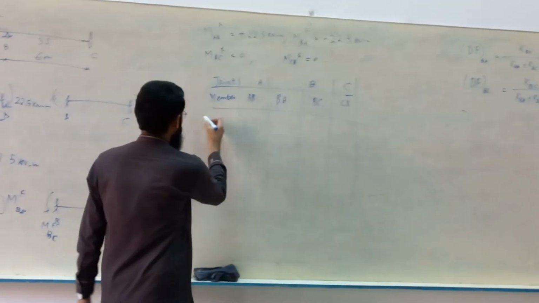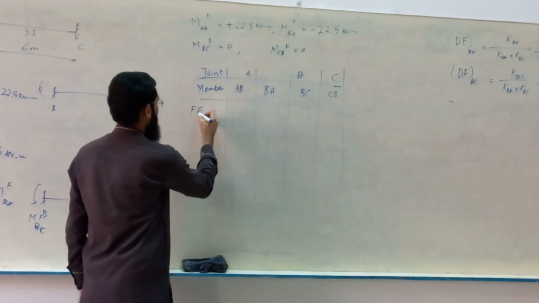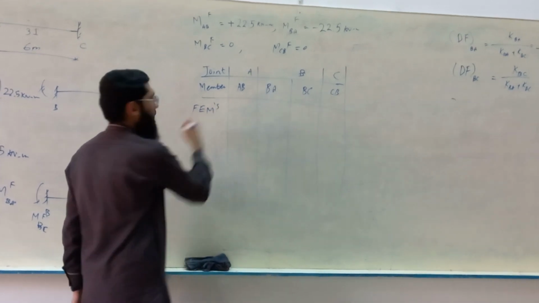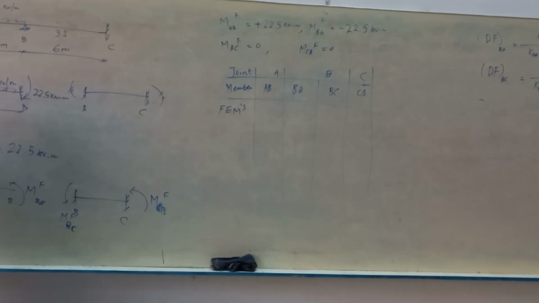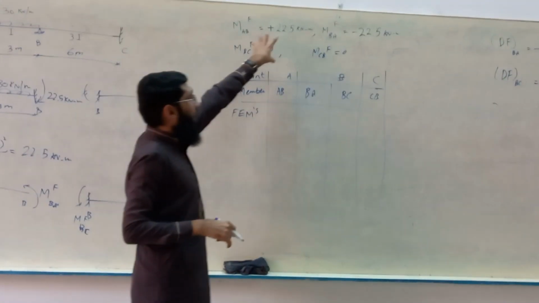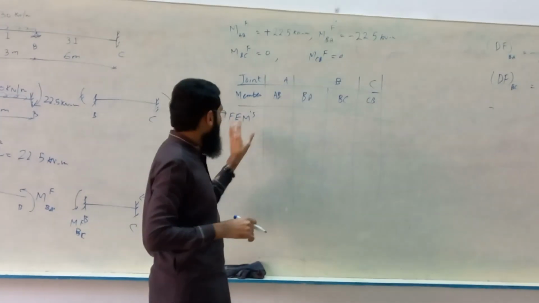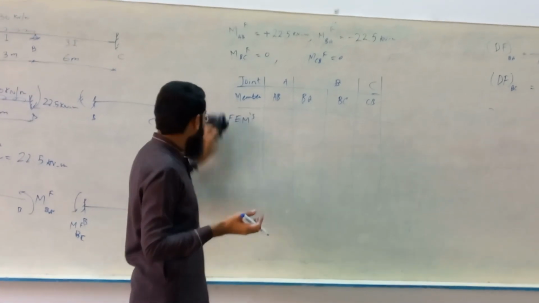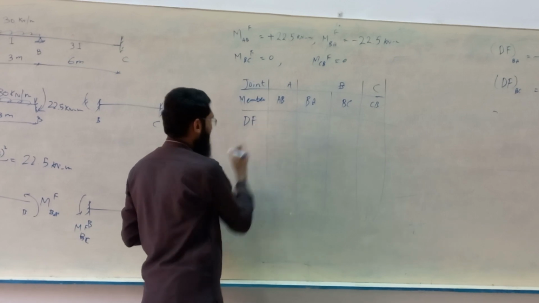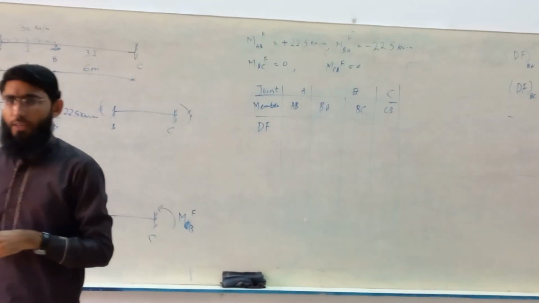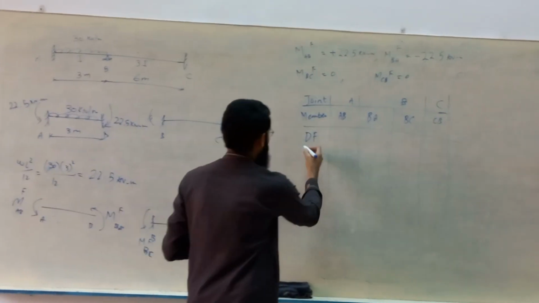Okay, now the next thing we need to show is fixed end moments, FEMs. Now, this is the reason we did this calculation in advance. Oh, before you do the FEMs, I'm really sorry for this. You just rub it again, and then we need to write DFs first. Okay? DFs.